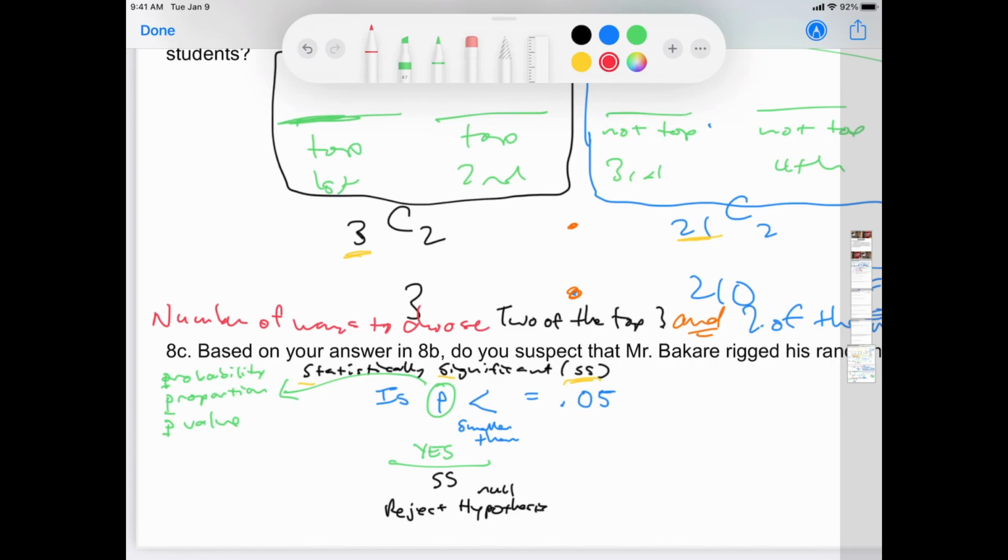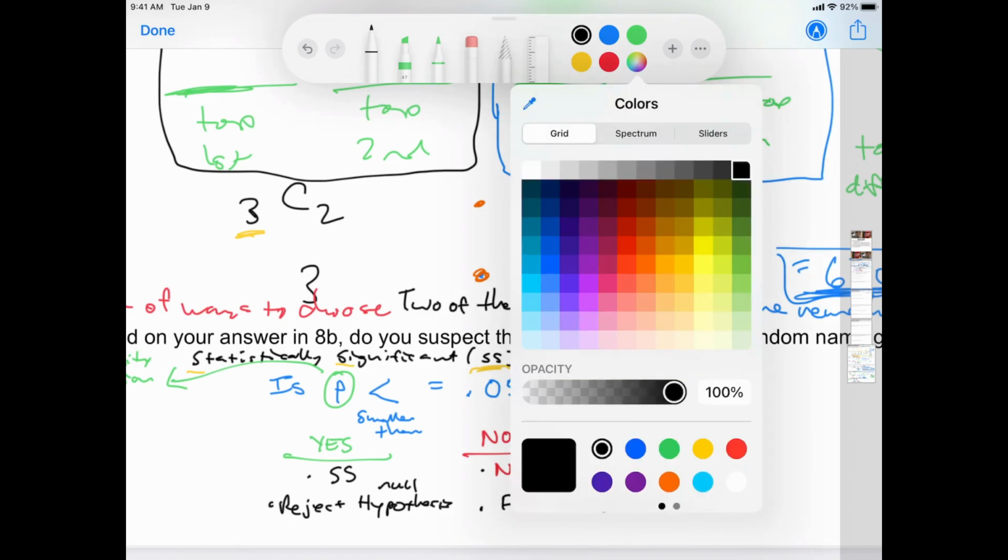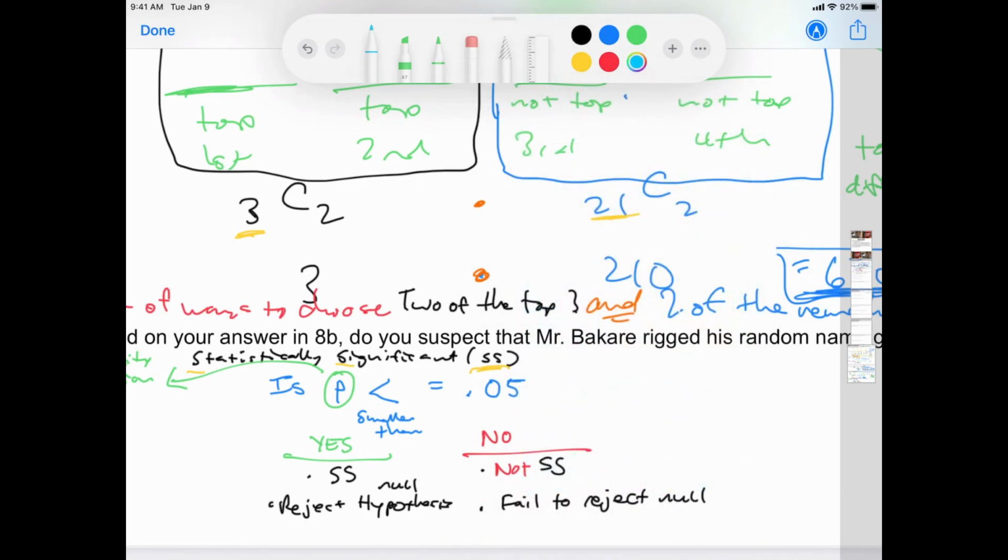And if that number is not smaller than 5%, we would say no, not statistically significant. And then we would say, here's something fancy, fail to reject the null. Another fancy way of saying fail to reject is that we accept the null hypothesis. Okay, so this is a big idea for statistically significant.